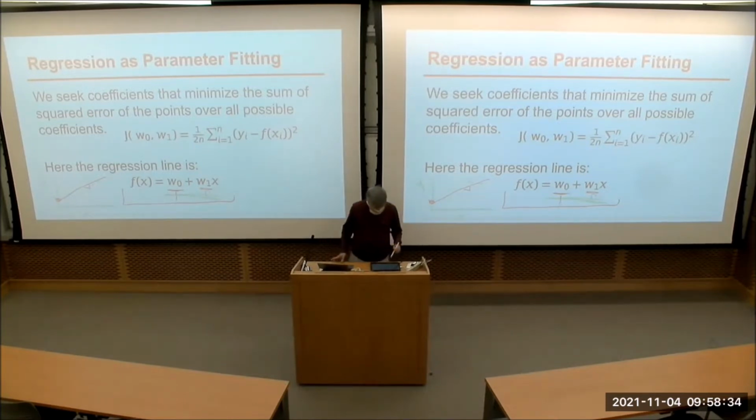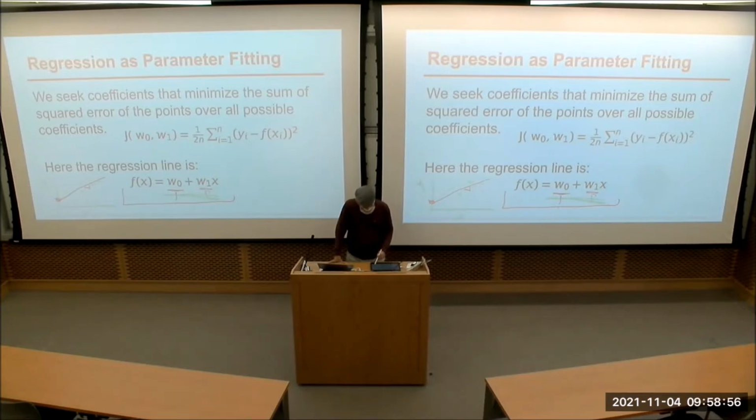We can define a function that will measure how good any particular line is. And then finding the optimum line according to the error function will give us the regression line that we want.